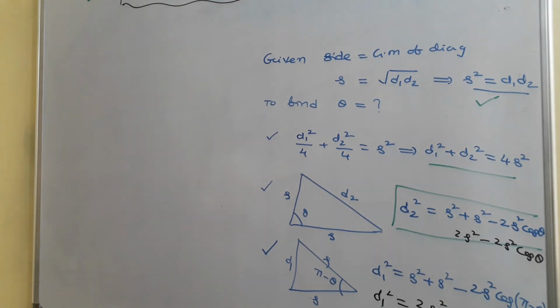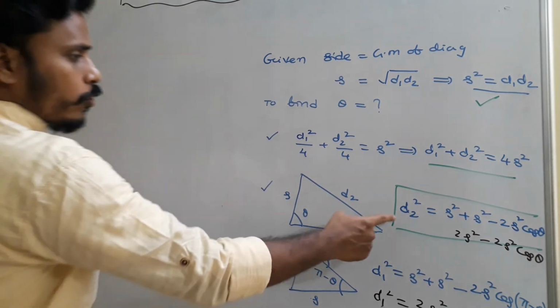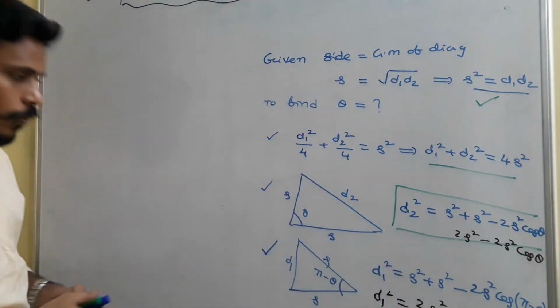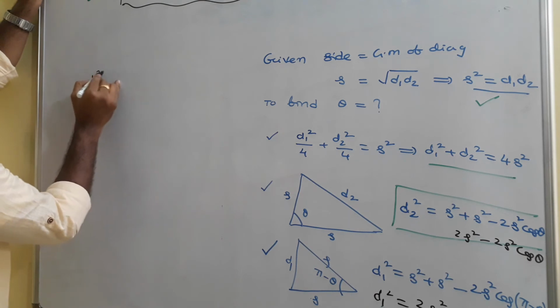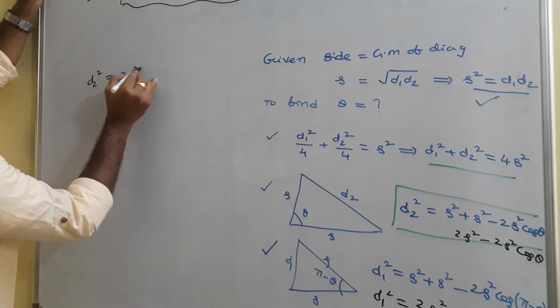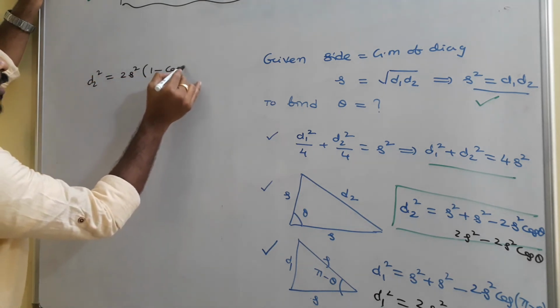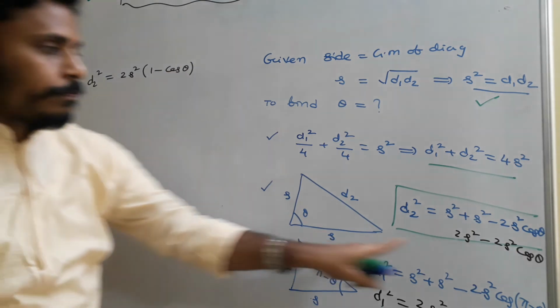In another way, if you discuss, this d2 square is 2s square minus 2s square cos theta. So d2 square is equal to, if you take out 2s square as common, 2s square of 1 minus cos theta.